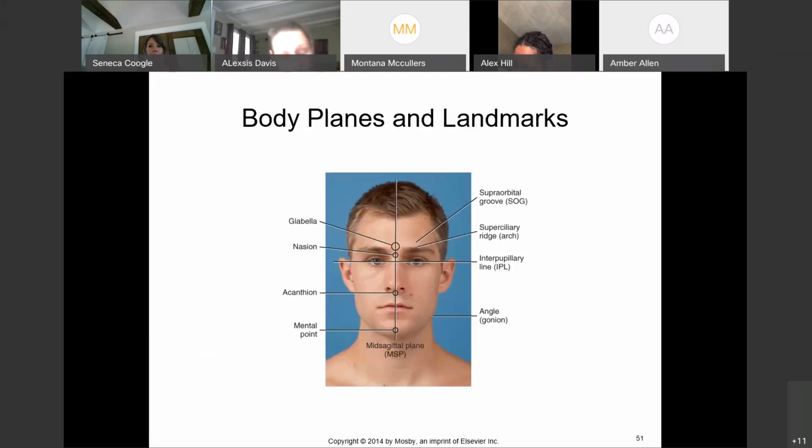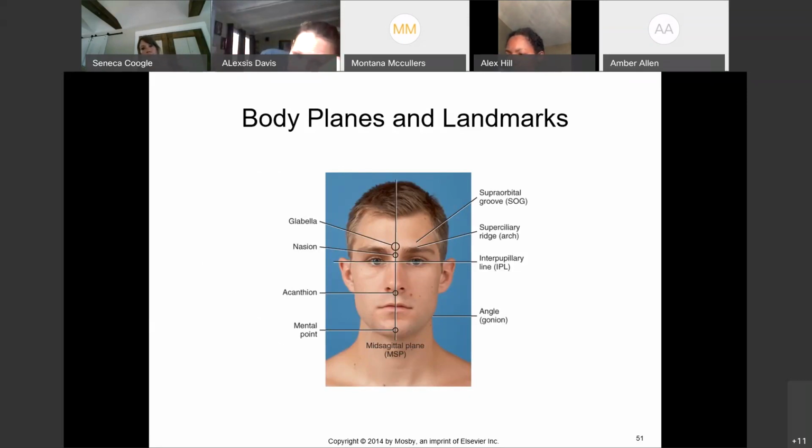These body planes and landmarks, this is exactly the same thing that we went over with skull. So a lot of this should be, oh good, I don't have to learn new stuff. So your glabella, nasion, which by the way, most of you guys got right on the test. I think all of you got it right.